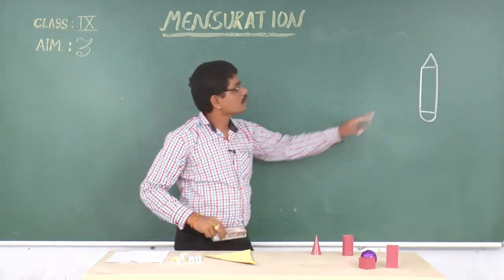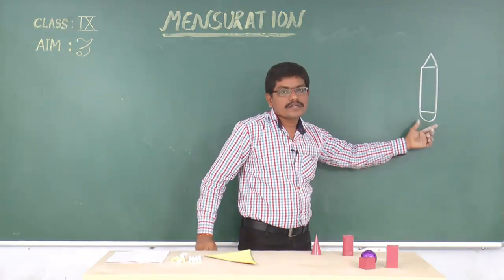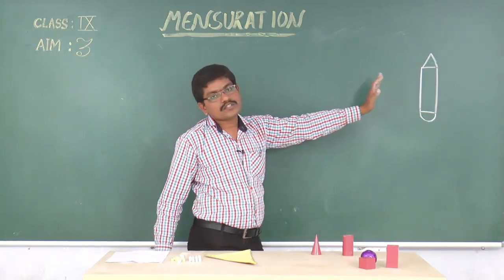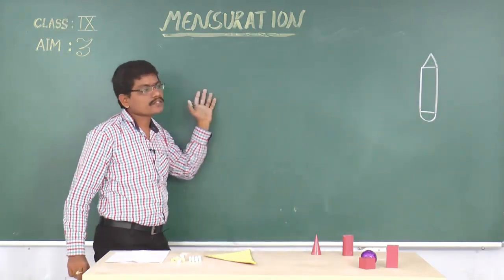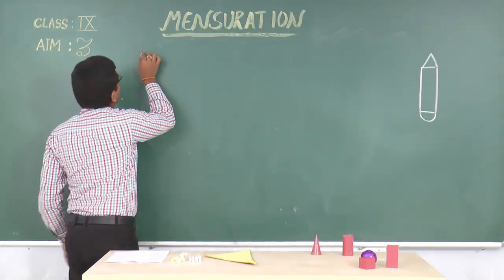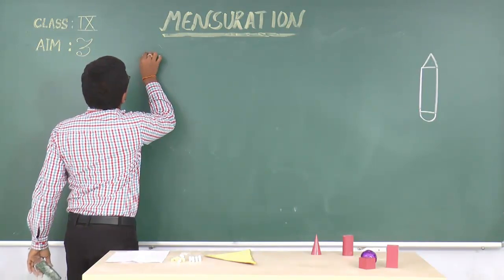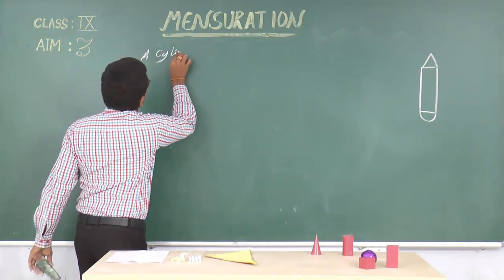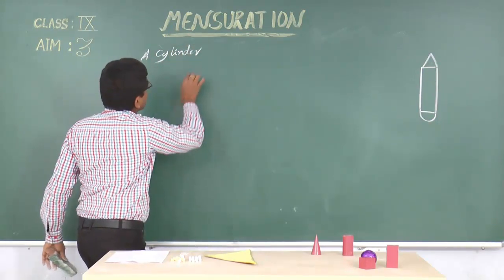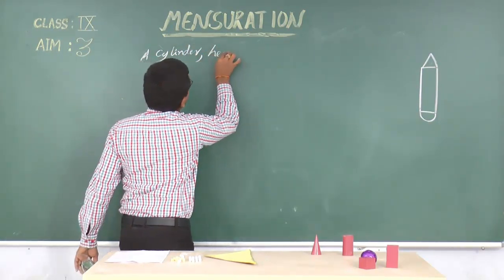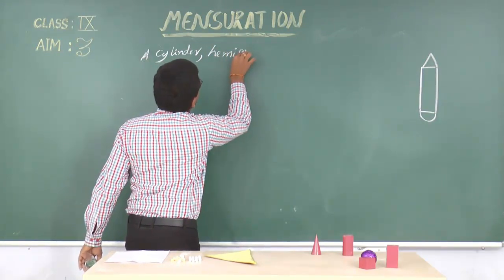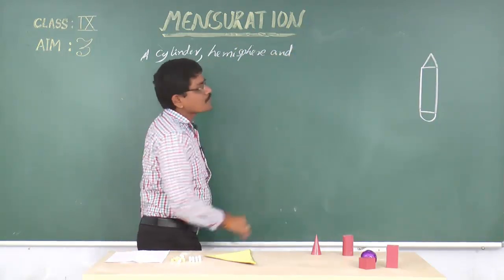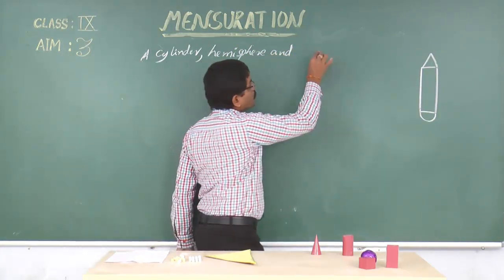We will join a cylinder, a hemisphere and a cone. Then for this new solid, we have to find height and so on, for the cylinder, hemisphere and cone.